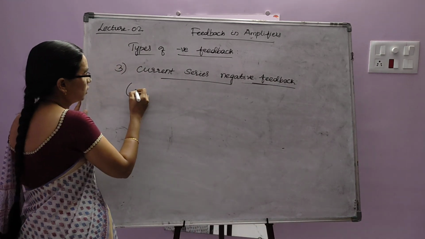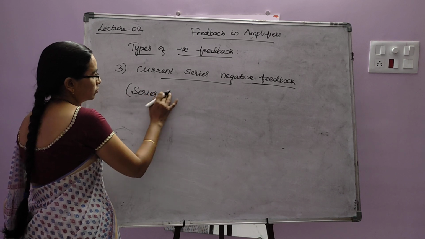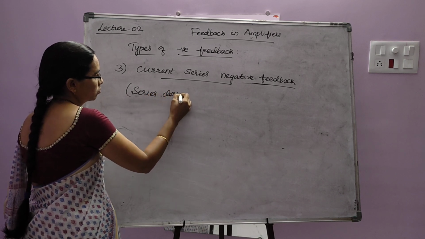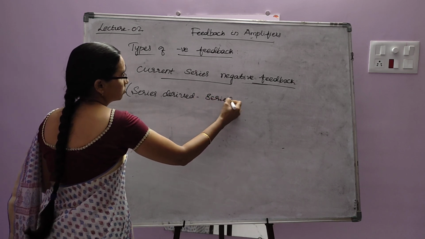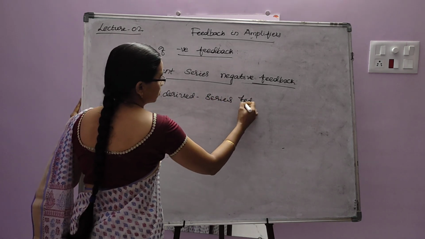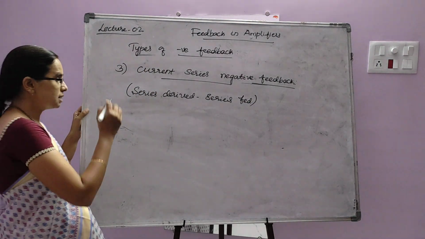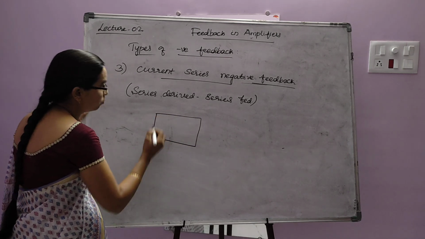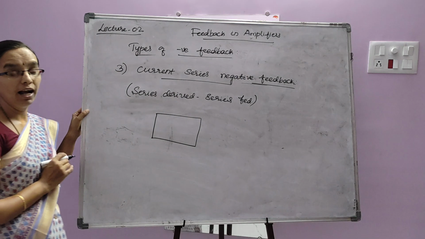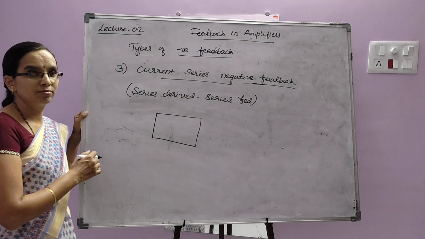It is also called series derived, series fed feedback amplifier. So in this case, the part of the output current is taken and fed back to the input in series.